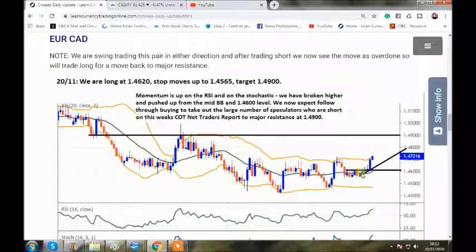And then we accumulate here, and we just think it's worth a buy. 146.20, 100 pips or so up. The two previous trades were just under 100 pips each. So overall trading in this pair has been pretty good. Still think she's a buy on the dips, and I think we should get up to 149.